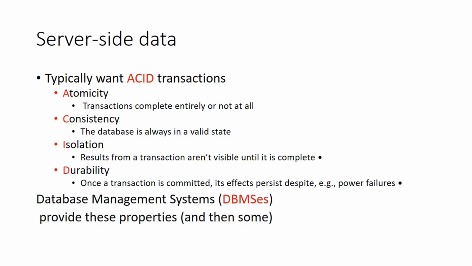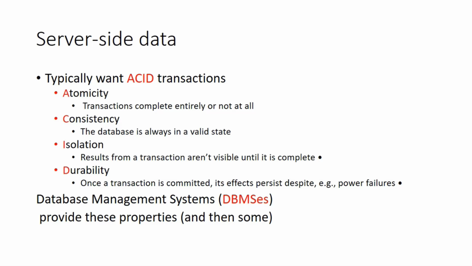A server should follow the ACID properties. Atomicity: your transaction should be completed either entirely or not at all. Consistency: your database is always in a valid state. Isolation: results from a transaction aren't visible until it is complete.